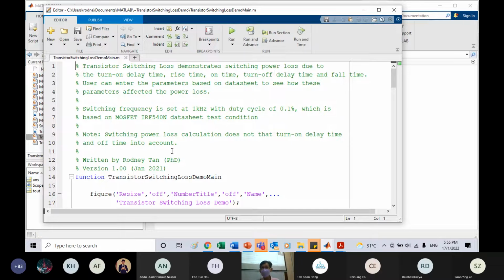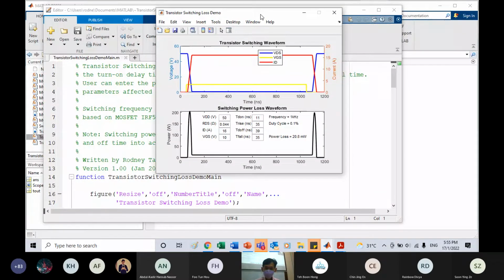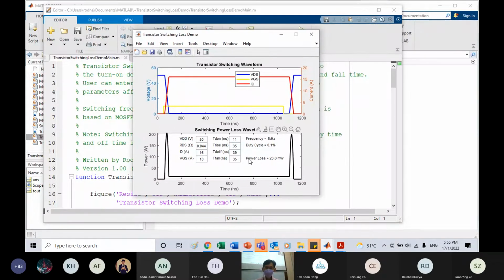So these two components I didn't add in. It's not meant to be used as an automatic calculator.